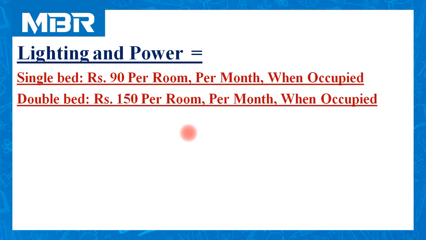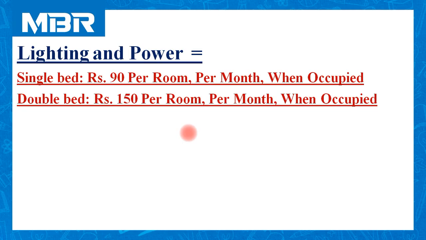Suppose we are in the room, we are using our air conditions, lighting, power, fan, whatever it is. But when we are out of the room, it is our habit to switch off everything. It means when rooms are not occupied, we are not in need of any kind of lighting and power. Lighting and power is required only in the case when someone is available in the room.